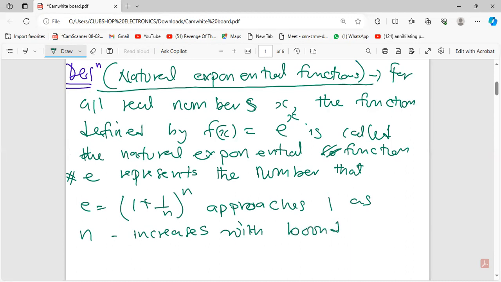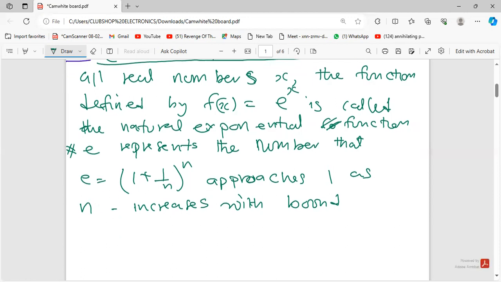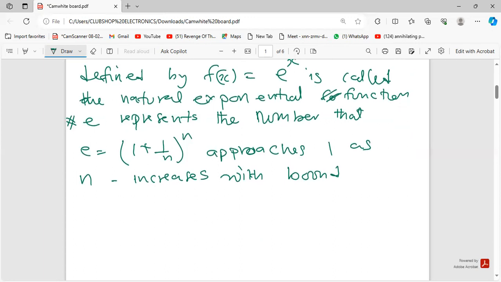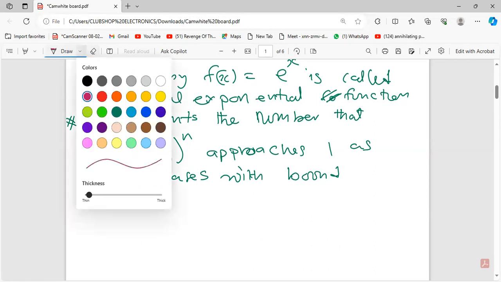What we are saying is that e represents the number that 1 plus 1 over n to the power n approaches as n is increasing without bound. Basically, we are saying e to the power x is our natural exponential function, right?